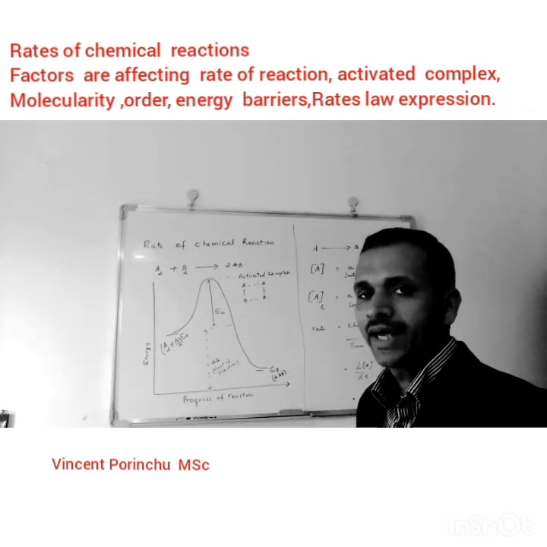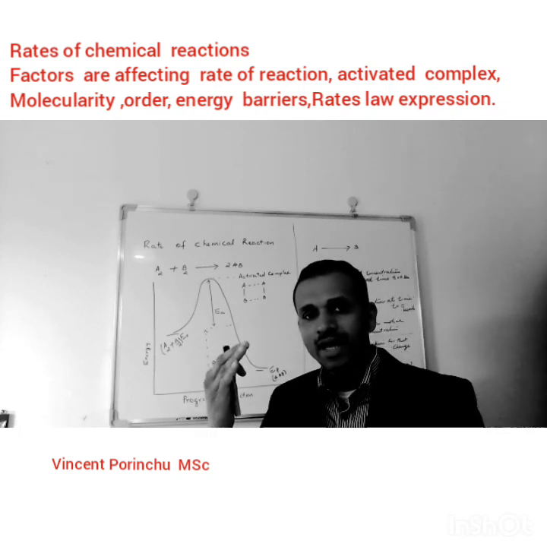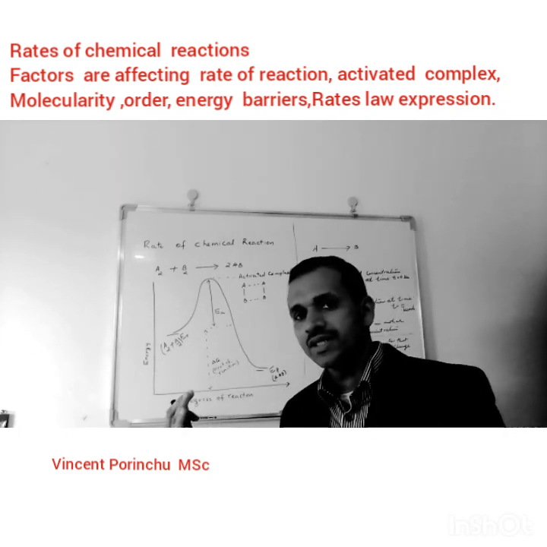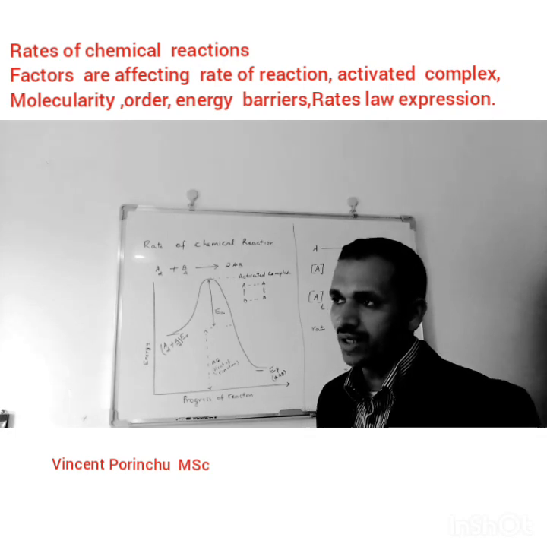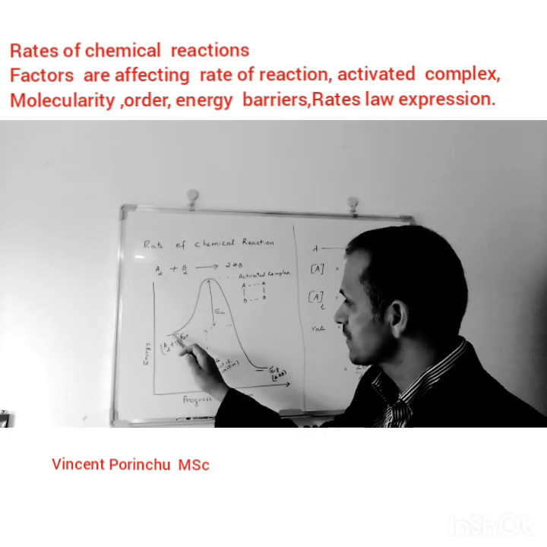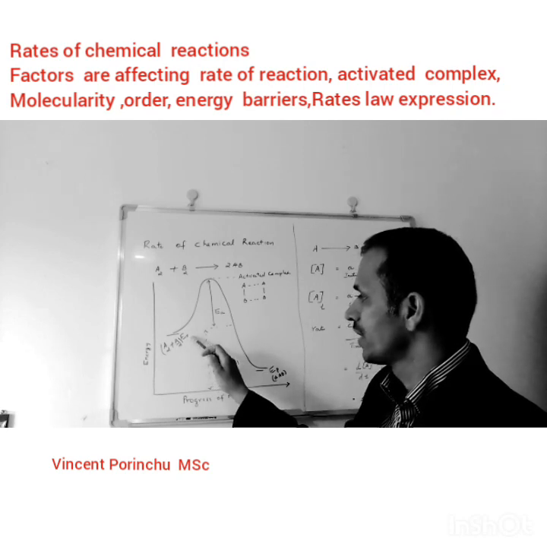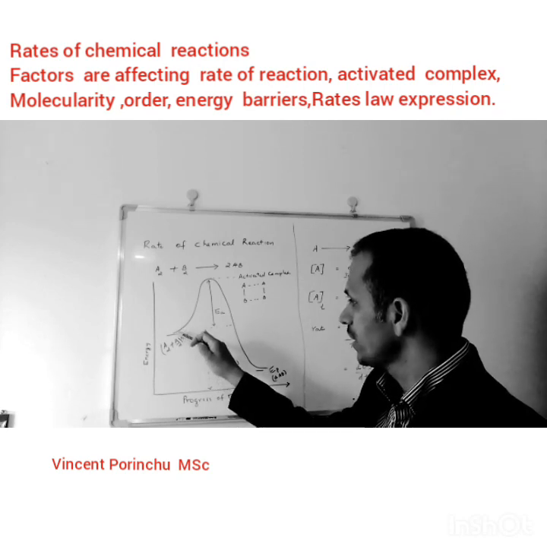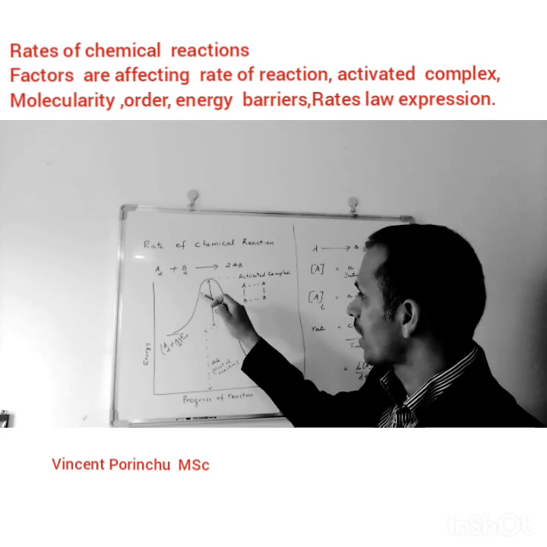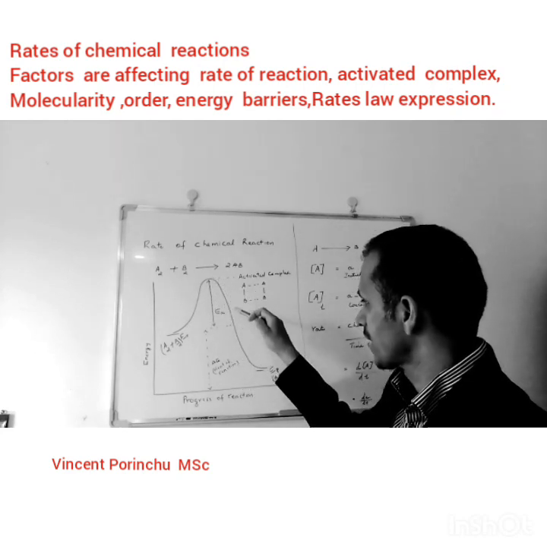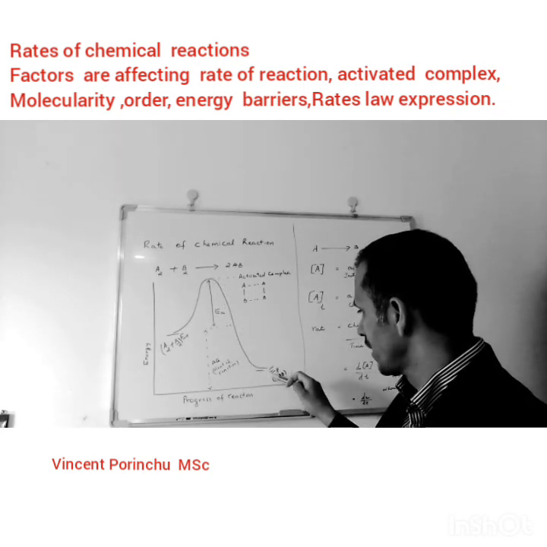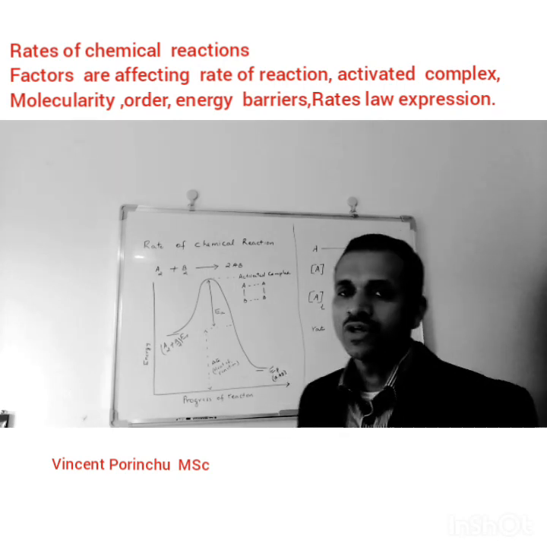So when we plot a graph of energy against the progress of reaction, we can see that this point of the graph stands for the energy of reactants, and when the reaction undergoes the process, we get a curve like this, and it ends up here at the energy of the products.